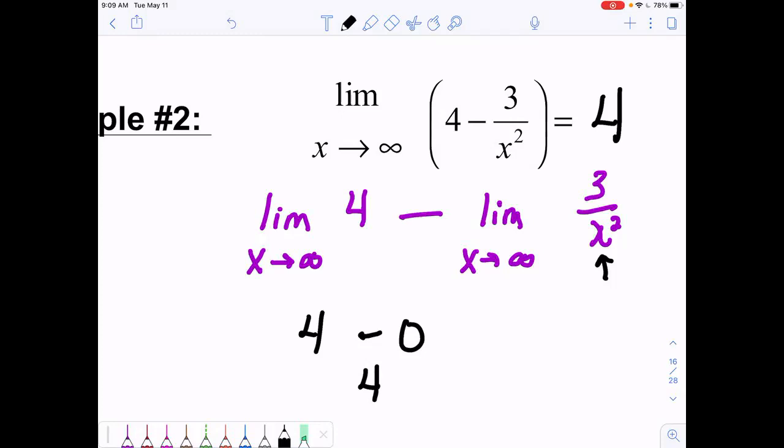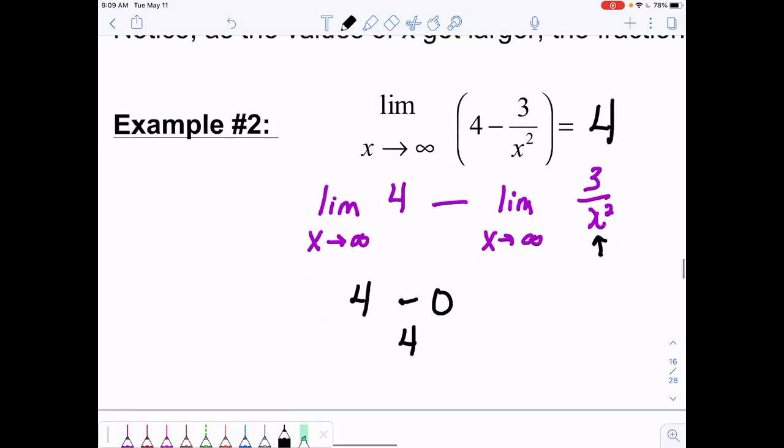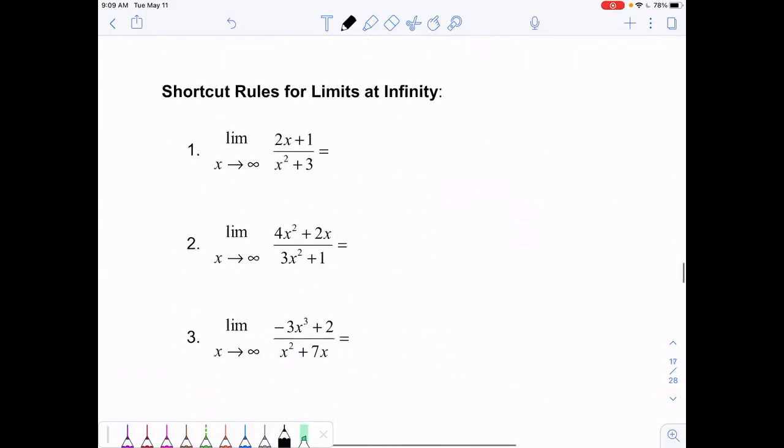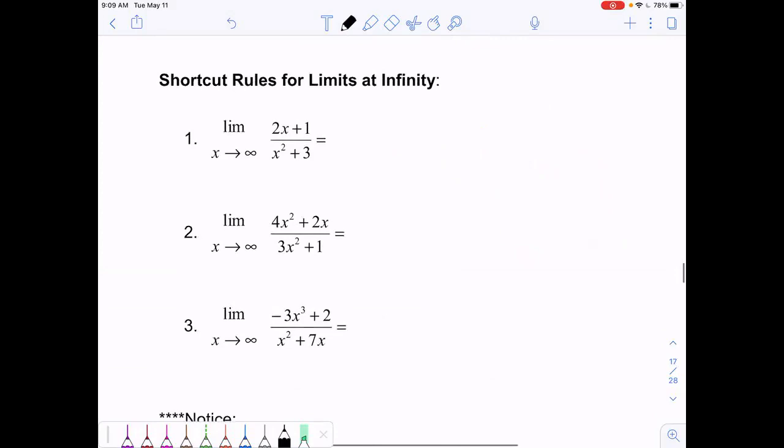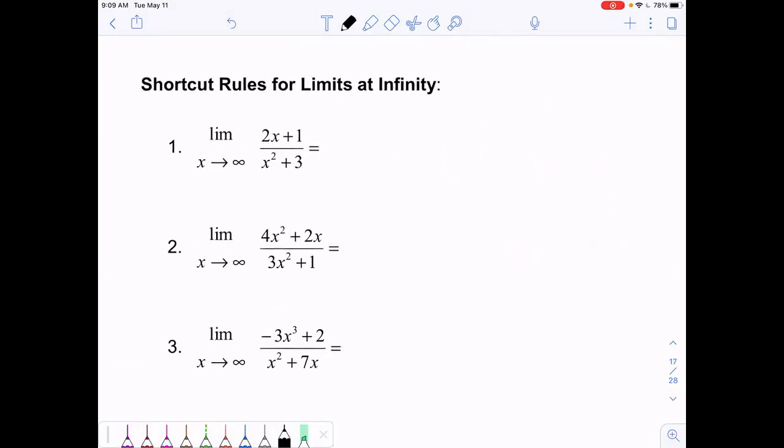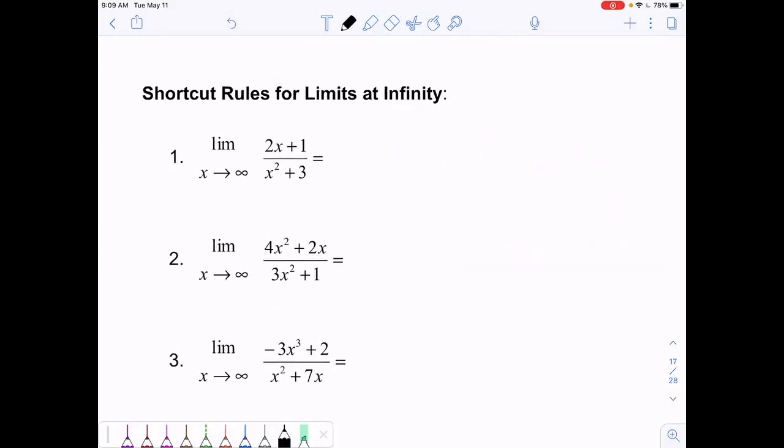So I said we were going to talk about some shortcut rules of limits. There are 3 shortcut rules of limits at infinity. And if you look at the 3 functions that are here, notice that they're all in fractional form. The shortcut rules for limits at infinity deal with the shortcut rules for asymptotes.